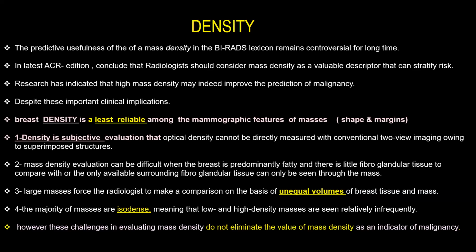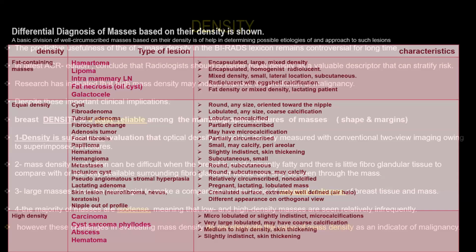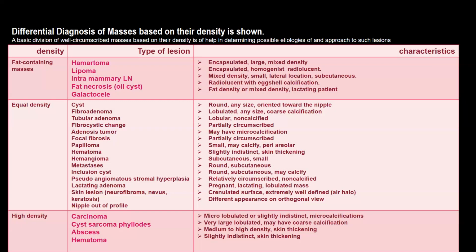However, in spite of these challenges in evaluation of the density, they do not eliminate the value of the breast density as a predictor or indicator of malignancy. And here we can see some examples. Regarding the fat-containing masses, like hamartoma, intramammary lipoma, lymph node, fat necrosis, and galactoceles, there is mixed or homogeneous radiolucency.